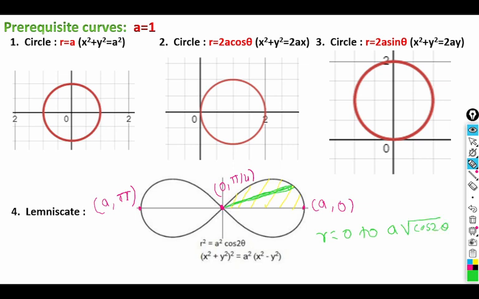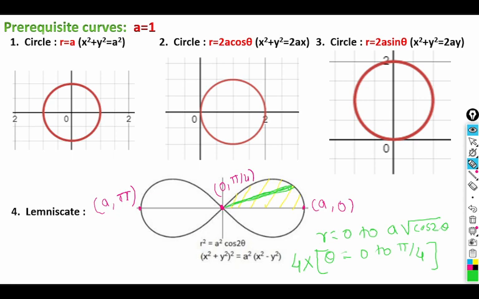That will be the limit of r. And theta will vary from 0 to, don't say pi by 2, because this point we get for pi by 4, so 0 to pi by 4 only. And here we take 4 times of this.